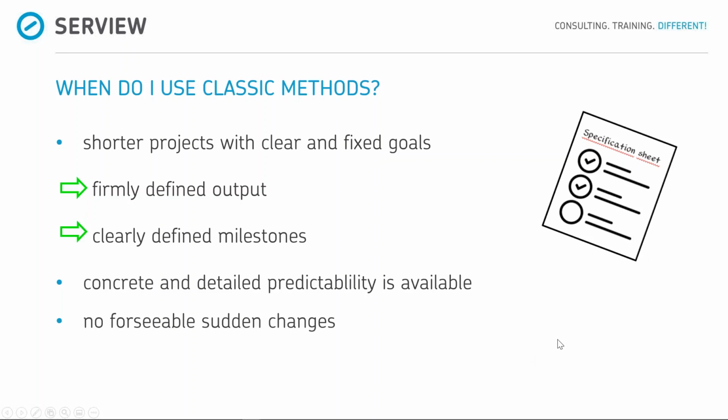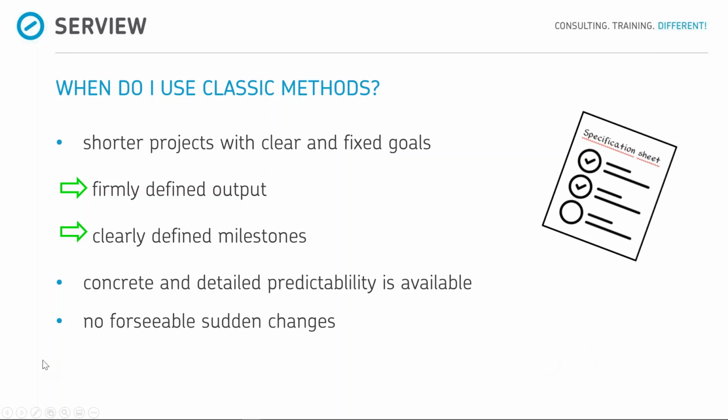Usually this also has to do with your branch. So that means if you say, well, the world doesn't change that fast where we are, that also means no sudden changes are going to come. However, if you are working in a very changing environment, so things are constantly changing and you constantly need to adapt to that, you might want to have a look at something else.